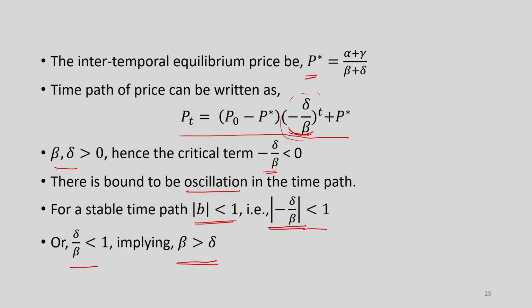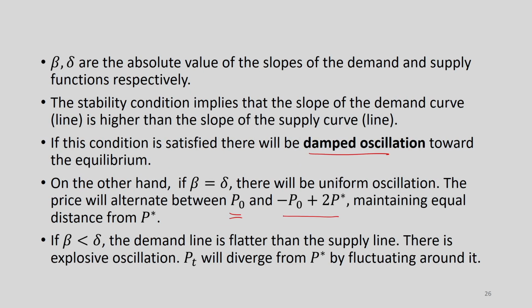On the other hand, suppose t is equal to 1. In that case, this becomes minus 1, in which case this entire expression becomes twice P star minus P0, right, twice P star minus P0.